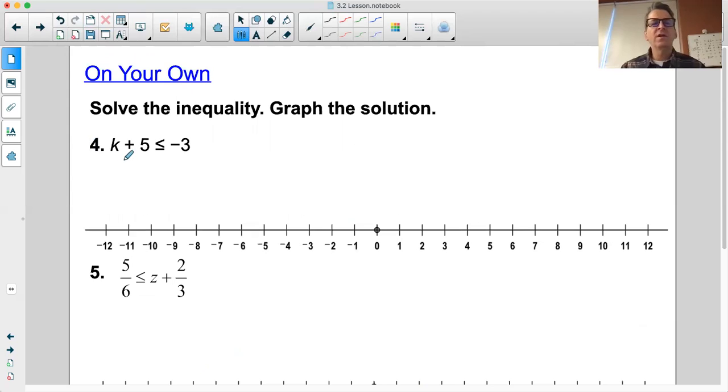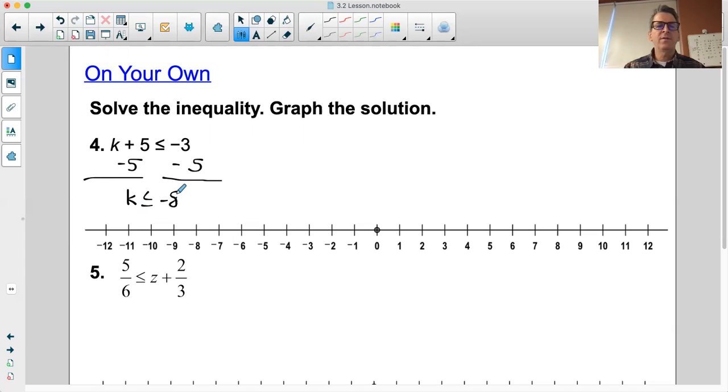Okay, if you look at this plus 5, we're trying to isolate that k, or get k by itself, and we're using our inverse operation. So the inverse of adding 5 would be subtracting 5 from the left side. And if we subtract 5 from the left side, we have to subtract 5 from the right side. So k then becomes less than or equal to -8.